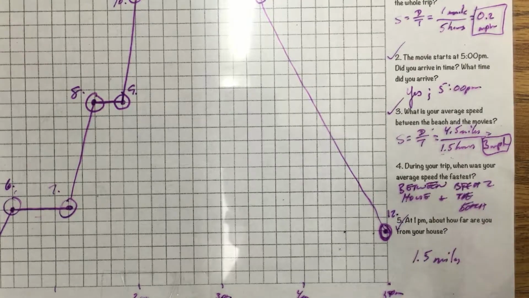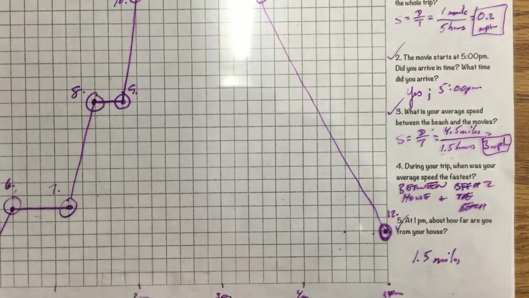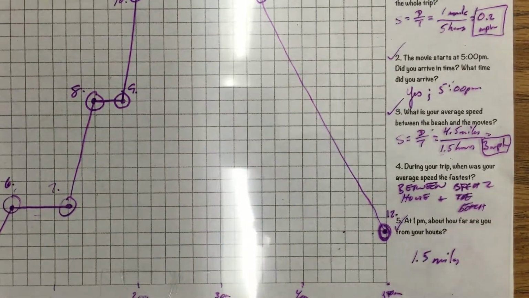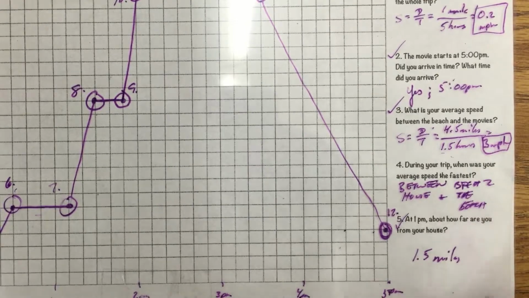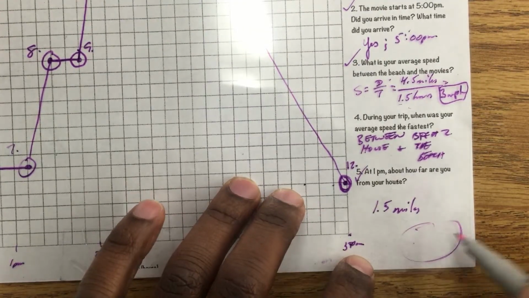Wait, hold up. Let's see. 1, 2, 3, 4, 5, 6, 7, 8, 9, 10, 11, 12. All right, there are 12 here. That makes sense because I started at 1 and then went to 12. I'm tripping. But it doesn't matter however many checks they got. On this page alone, you put that there.